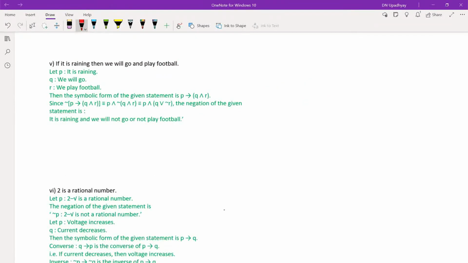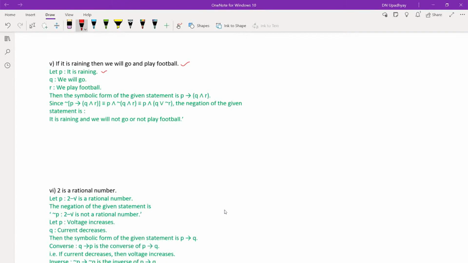Question number 5. In question number 5, you see, if it is raining then we will go and play football. So let us break with symbolic terms. So let P such that it is raining. We have supposed that P is it is raining.